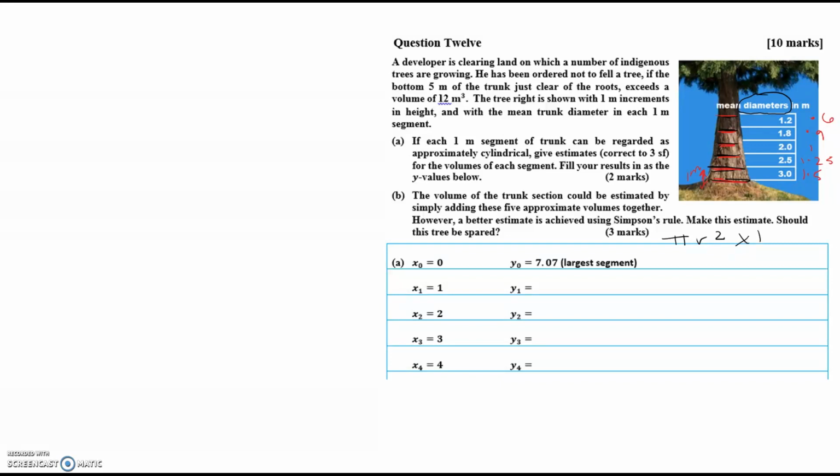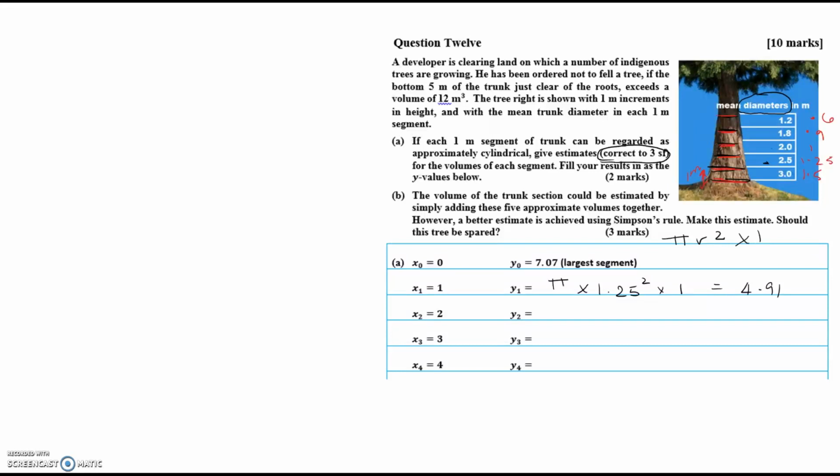The second slice up is going to be pi times 1.25 squared, because that's the radius, times 1, which is 4.91. It says somewhere 3 significant figures, so they can't make up their mind, but this one's 3 significant figures.